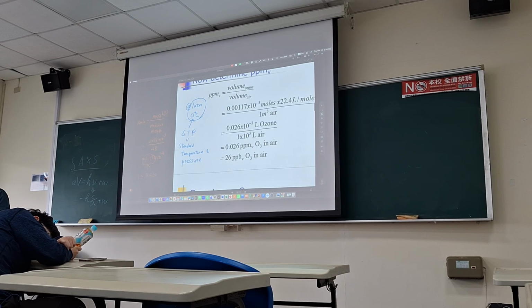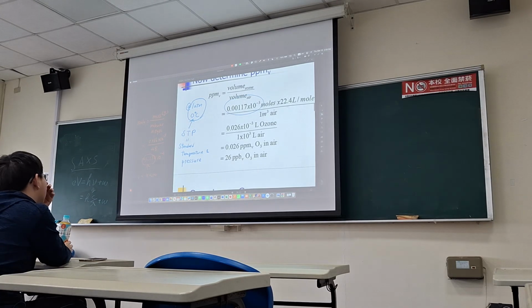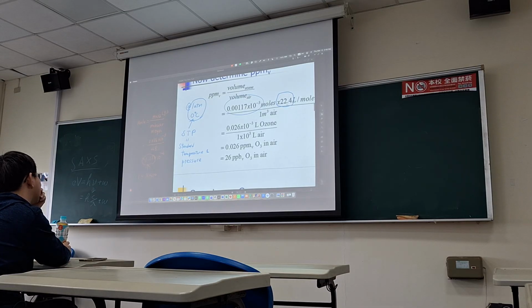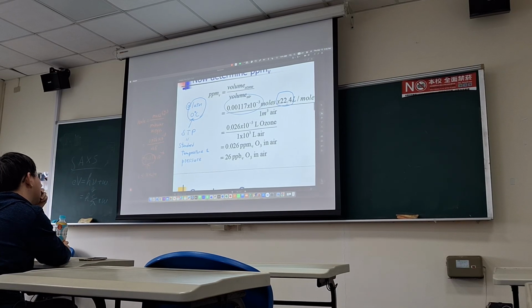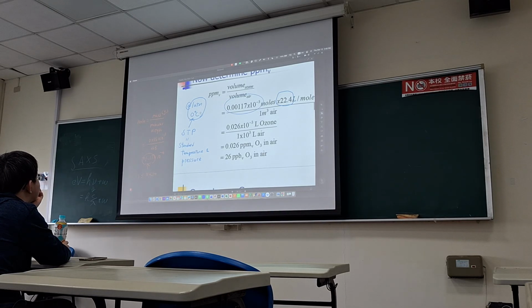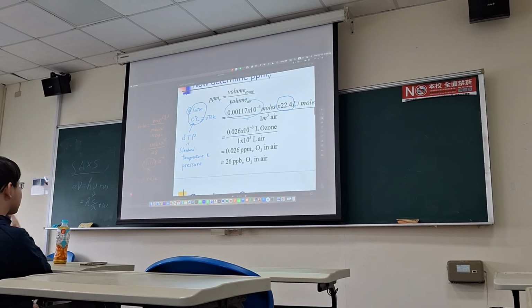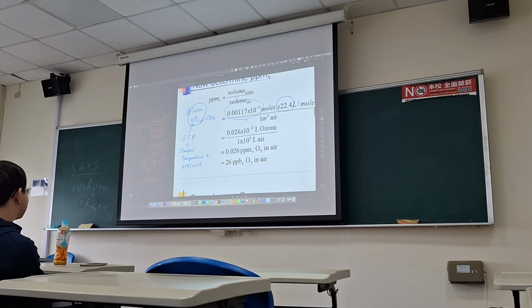Okay, so we have this amount of moles, and we times by the conversion factor that I just told you: at 1 atm, 0 degrees Celsius, 273 K, one mole equals 22.4 liters.